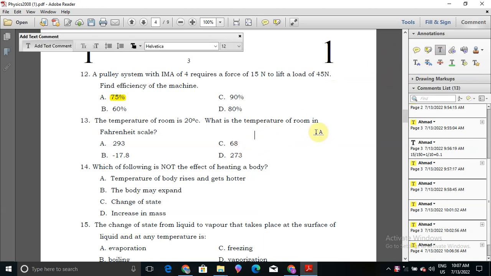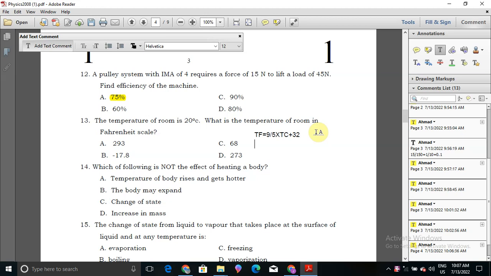Celsius and Fahrenheit, to convert from Celsius to Fahrenheit, the temperature of Fahrenheit is equal to 9 over 5 times the temperature of Celsius plus 32 degrees.